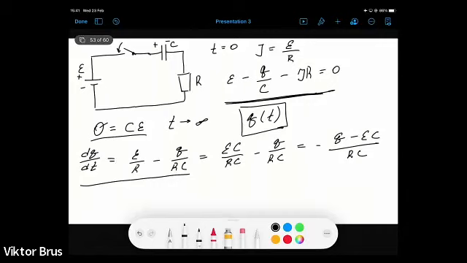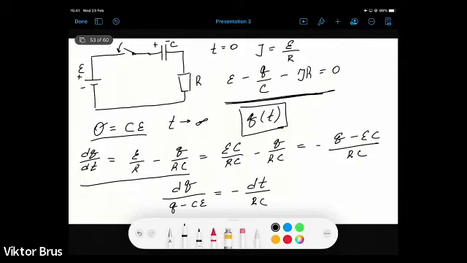So now we can rearrange the variables so that dq and q will be on one side and dt will be on another. So it will be dq over q minus c epsilon, and it is equal to minus dt over RC.